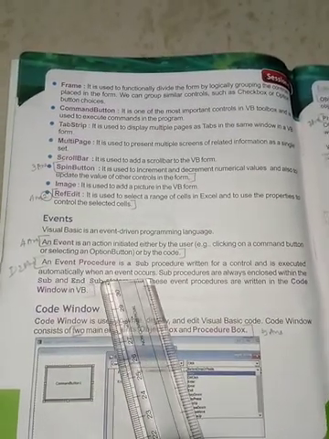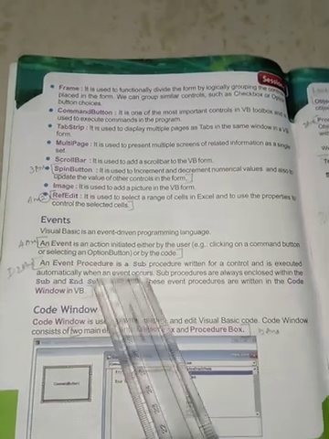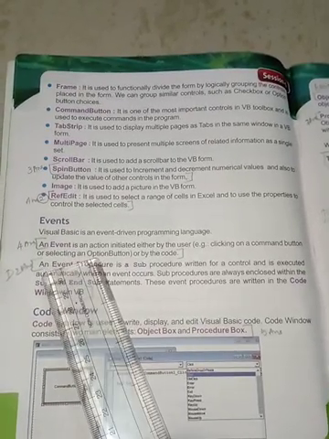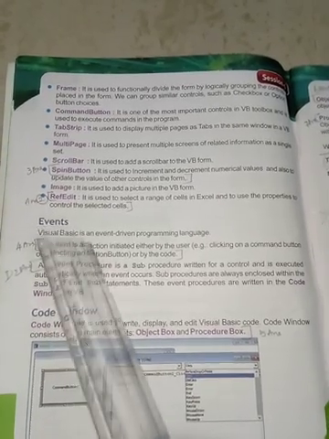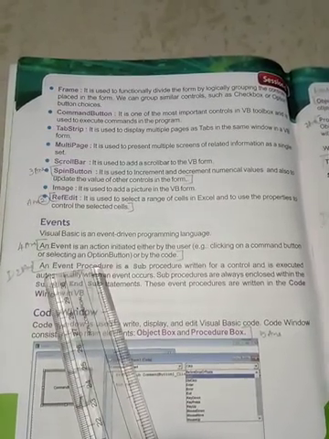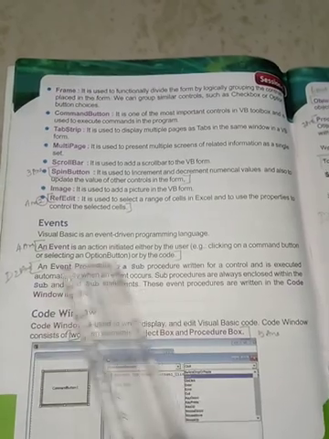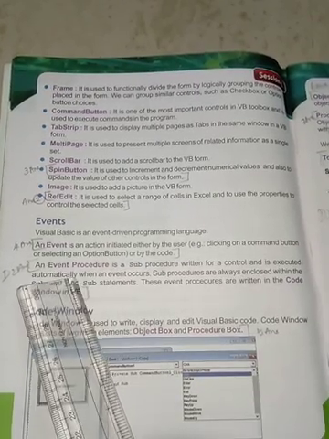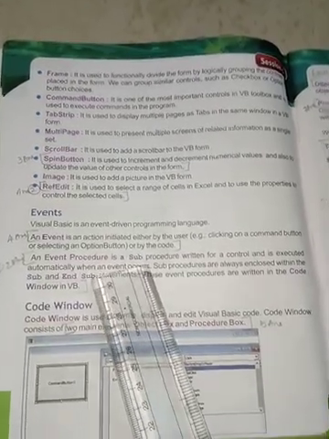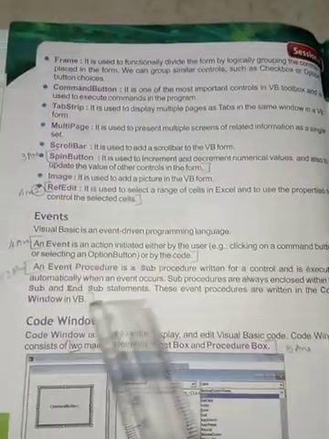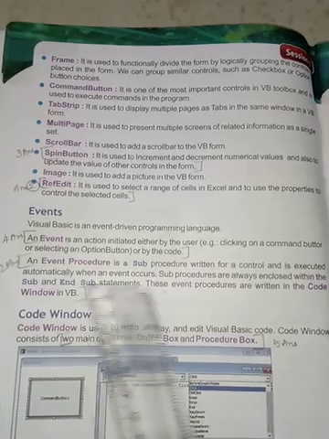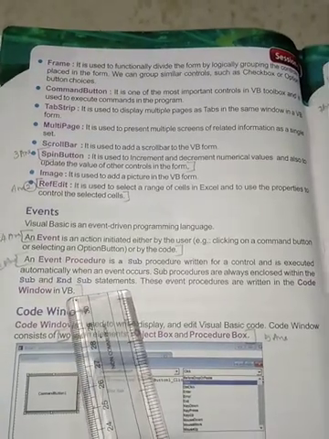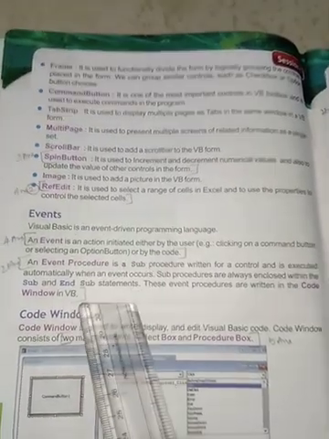an event occurs. So this event procedure is the sub procedure written for the tool controls available in the toolbox, and it executes automatically when the event occurs. That is, you have written a program in which you have written the code for a checkbox.